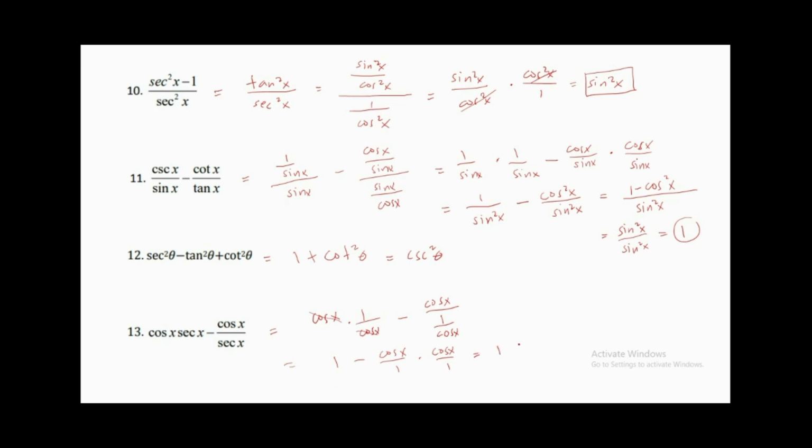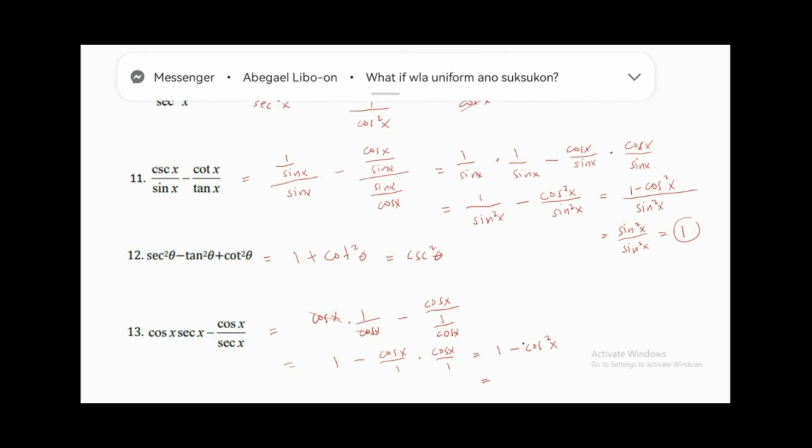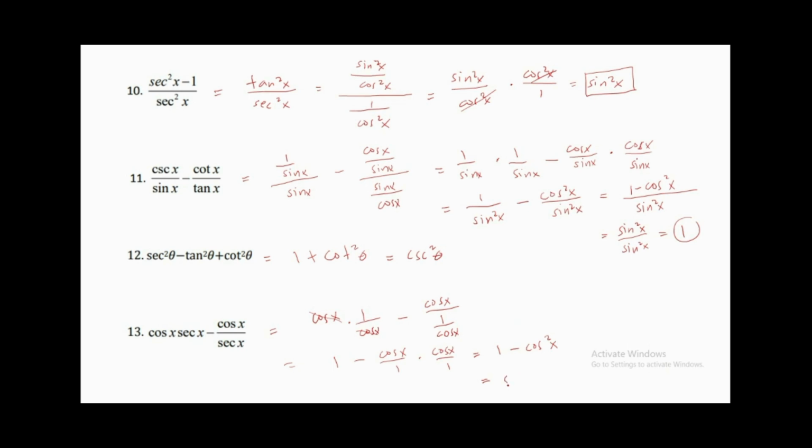So that will be 1 minus cosine x times cosine x is cosine squared x. And remember that 1 minus cosine squared x is an identity also. So we have 1 minus cosine squared x is equivalent to sine squared x. So this is now the simplest form for this expression number 13.